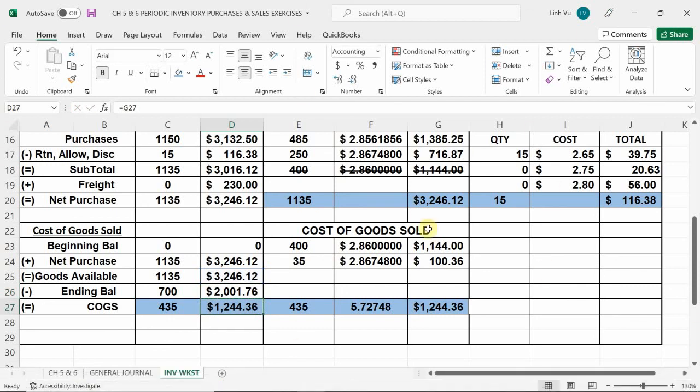So again, if you chose to solve for the ending balance, right?